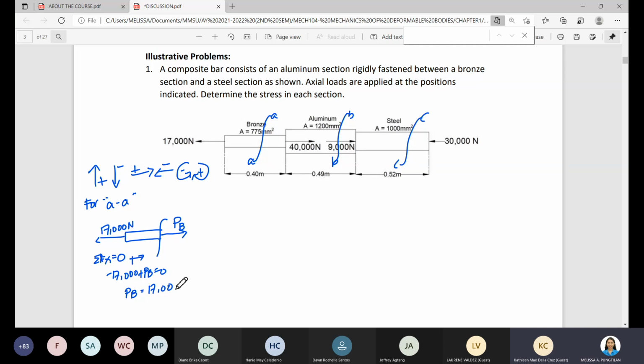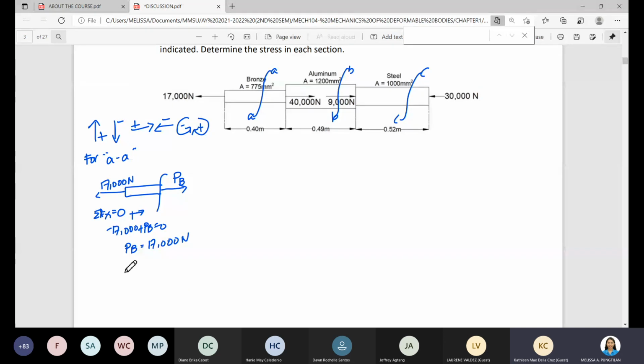So solving for the stress, so we have the force all over the cross-sectional area. So we have 17,000 Newton all over area. Ano yung area? We have 775 square millimeters.